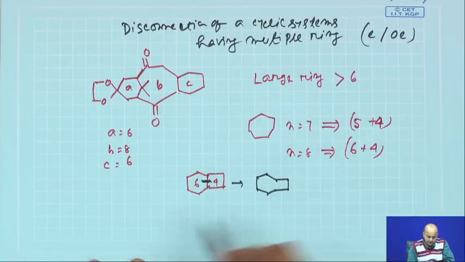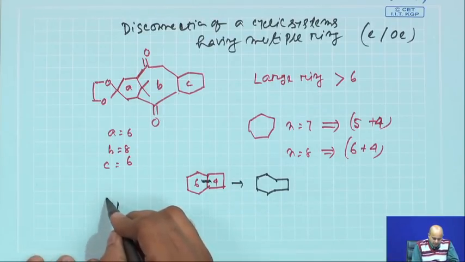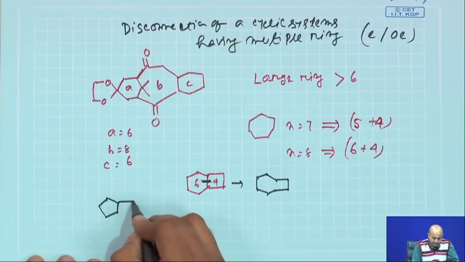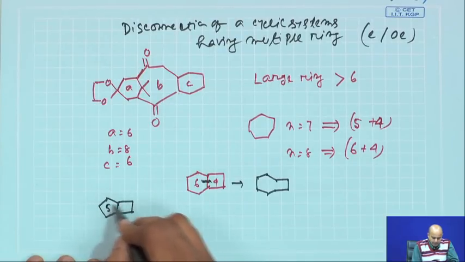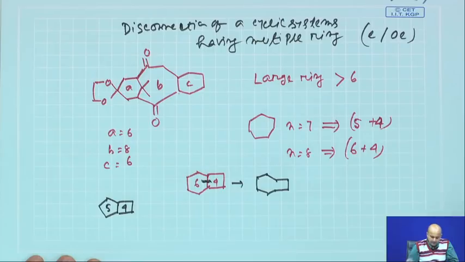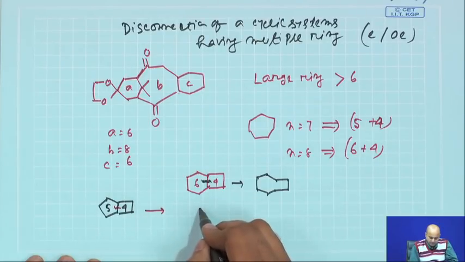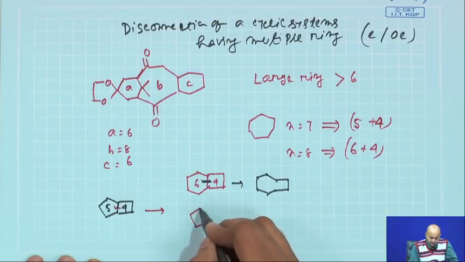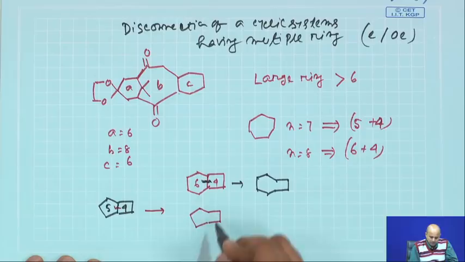Now, similarly, if you have a 5-member ring and 4-member ring, you disconnect the fusion bond, you get a 7-member ring by similar analogy. So, this is now a 7-member ring.